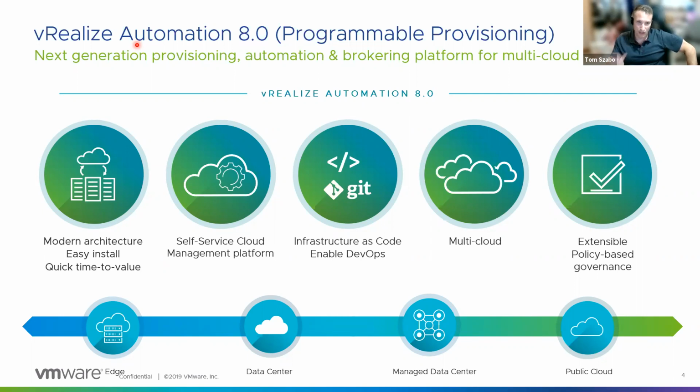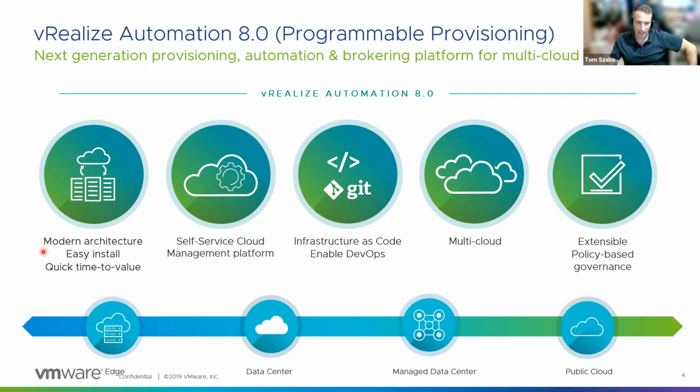Approximately 2 years ago, we realized, hey, we need to revamp this product. It's not just a vSphere world. The public cloud consumption rates are growing. There's a lot of new capabilities. Infrastructure as code was really coming to the forefront. So we basically completely redesigned the platform from the ground up.